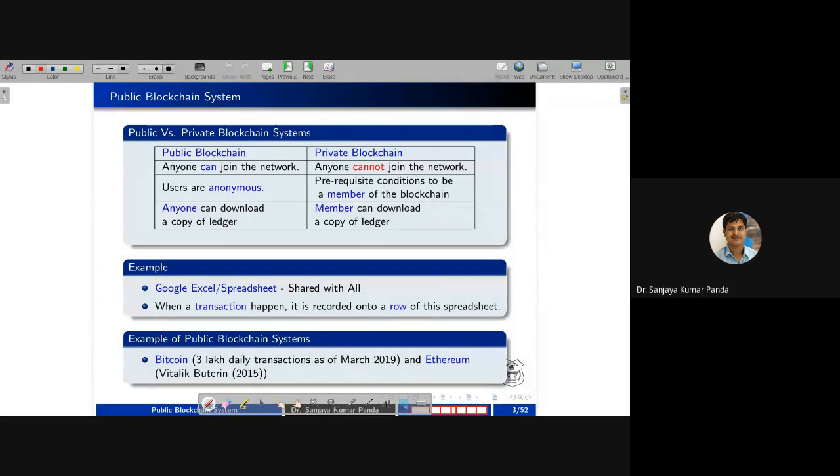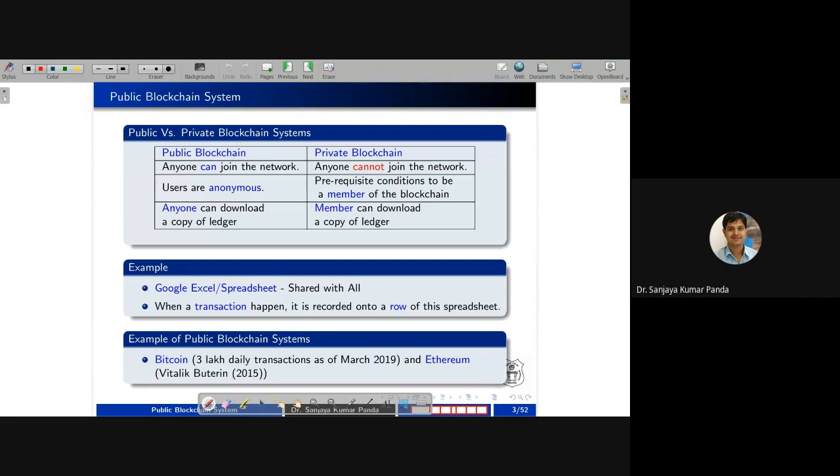So anyone cannot join the private blockchain network until they have some permission, either by invitation or by first approaching and getting approved. Once approved, only then can that member be a part of your blockchain. But in public, such a restriction is not there.